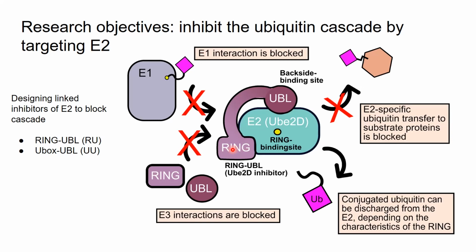And this specifically is very, very cool in my opinion, because the ring and the UBL protein are based on different E1s that actually bind to E2 already. So this is really like an example of biological engineering.